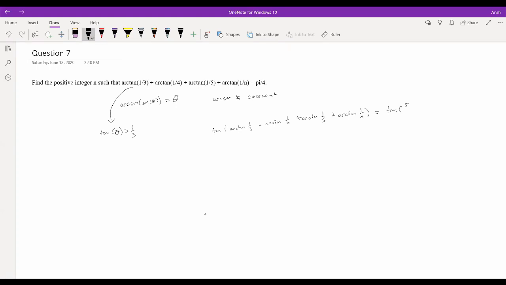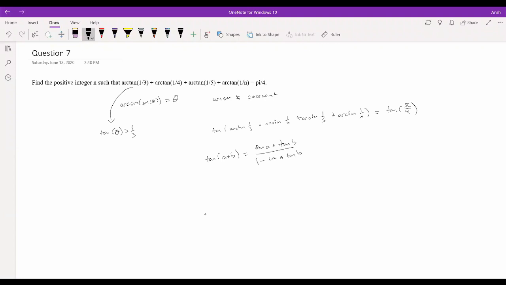Well, now we can see this actually looks just like the sum of angles in a tangent. The formula we have for sum of angles in tangent is tan A plus tan B over 1 minus tan A times tan B. So in this case, where A and B are both arctangents, things actually cancel out very nicely.